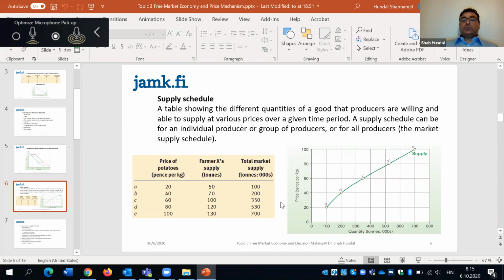So I want you to say a bit more about what could be a rationale, what could be a reasoning, you being a producer, a supplier, feeling motivated to supply more when the price increases. So I want to hear from you. Yeah, please go ahead. My basic question to you is why does supply increase when the price increases?